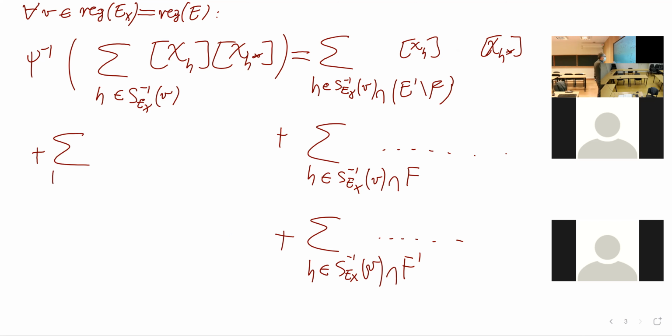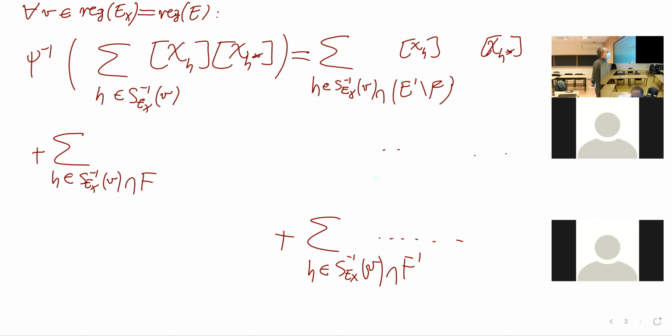So it's H running over the preimage under Sx of V intersected with F. Now I erase this here and apply the formula. And this formula spits out the following.